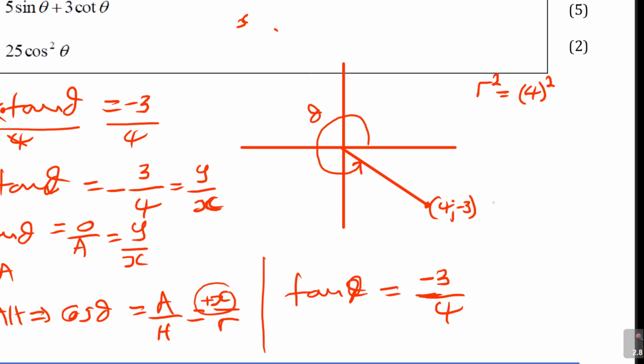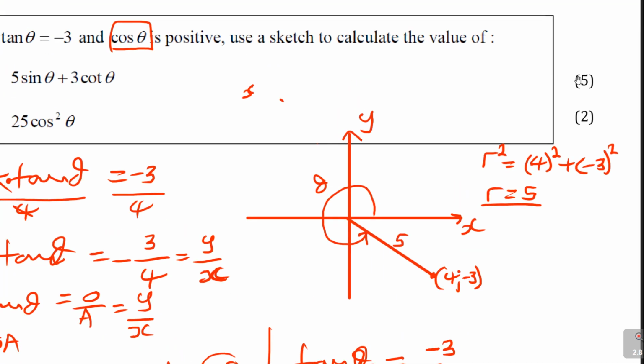That's what they'll be wanting to see. And then you say this is your x, and this is your y. So r squared is x squared plus minus 3 squared. And then if you do it, remember we have done this before, r is equal to 5. So this is 5. They want to see that value. Now the next one is where they give 5 marks.